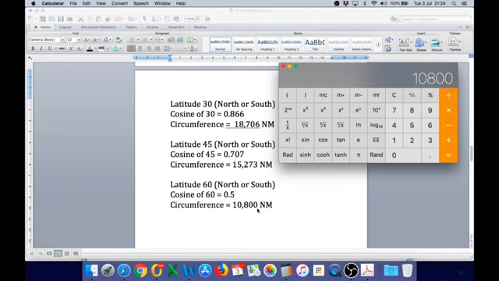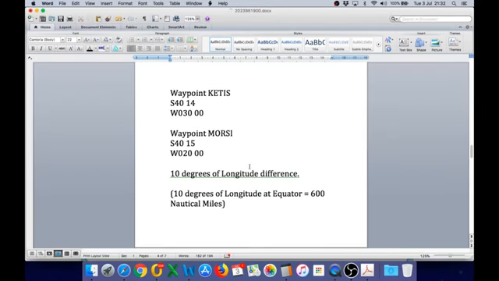So how does this relate to our flight plan? So looking at the distance between two waypoints on that route, Upper Lima 211 Foxtrot, we have waypoint Ketis, which is at south 40 degrees 14 minutes latitude and west 030 00 longitude.